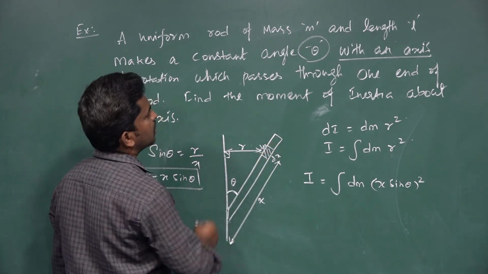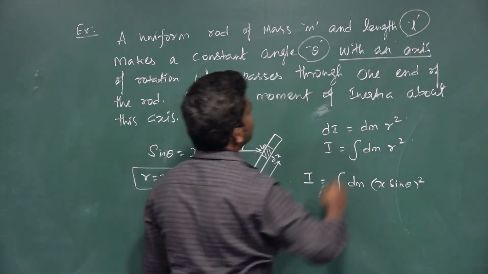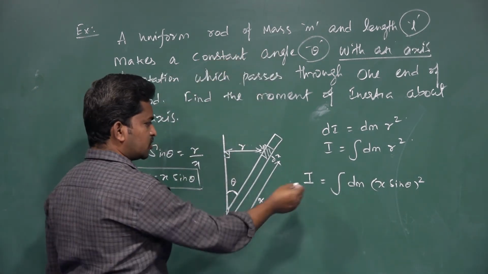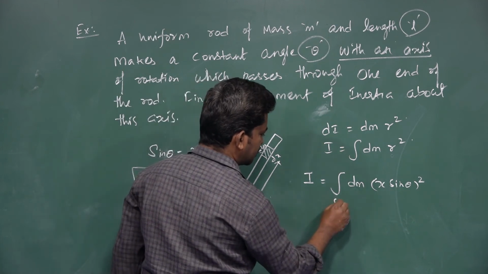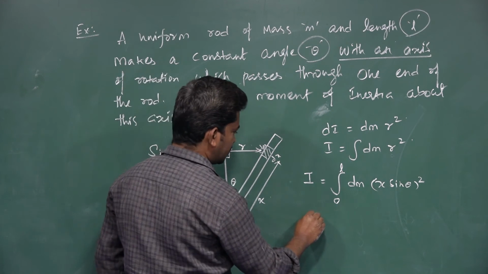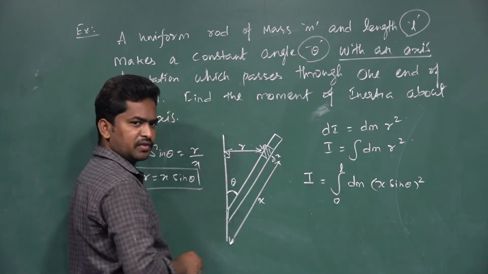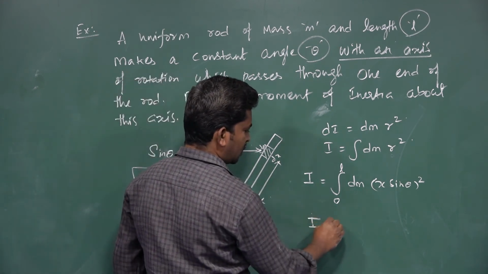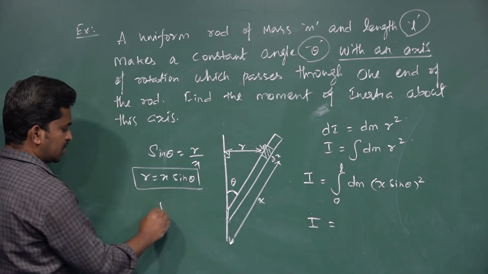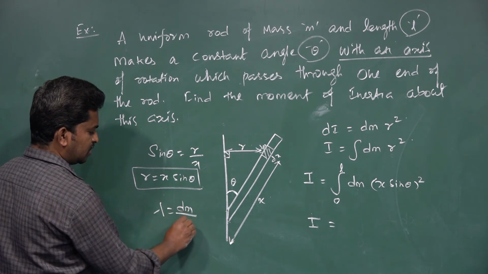The length of the rod is L and the overall mass of the rod is m. As usual, the limit is 0 to L, the overall length, because the axis is placed at one end of the rod. So I is equal to the integral of dm. What is the dm value? Lambda is equal to dm divided by dx.